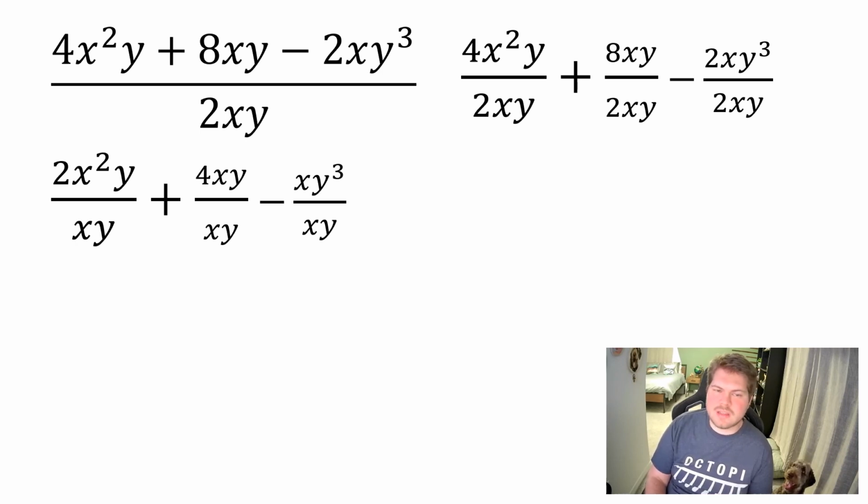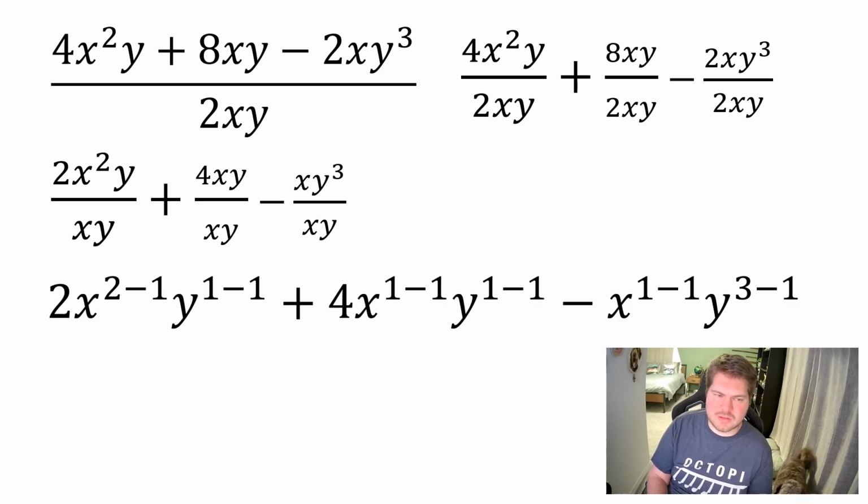You can either cancel those out and then go for the y's, or just think about it as like we did with subtracting the exponents. You're going to do 2 minus 1, because this is an invisible 1. 1 minus 1, because this is an invisible 1. 1 minus 1 here. 1 minus 1 here. 1 minus 1 here. 3 minus 1 here.